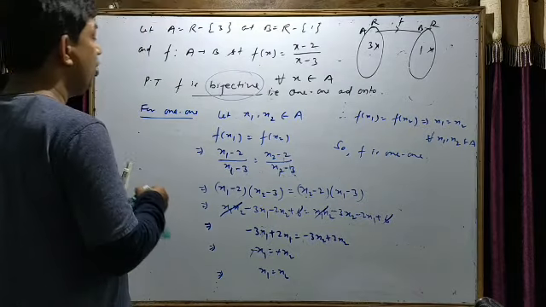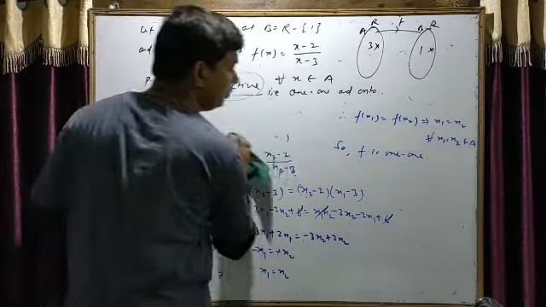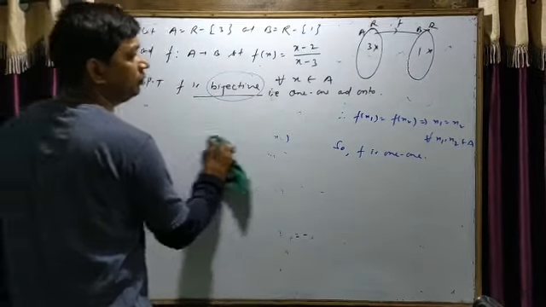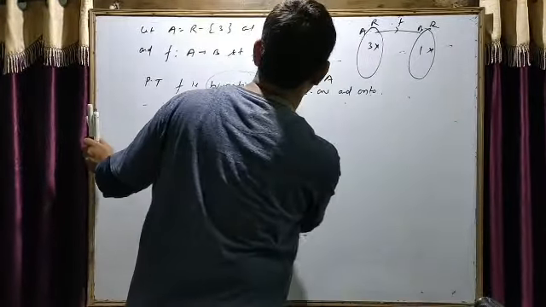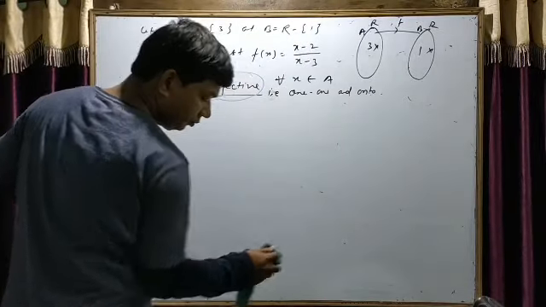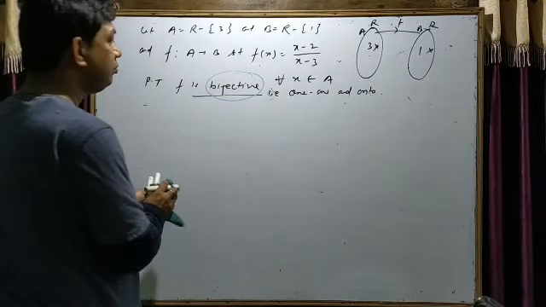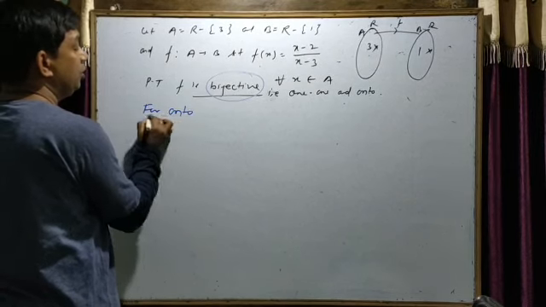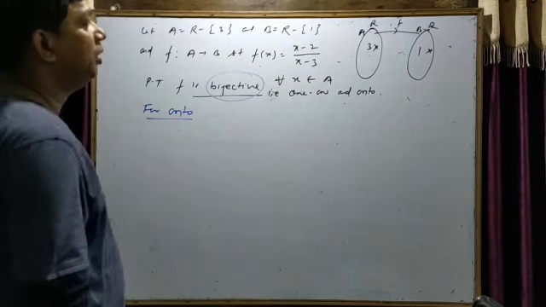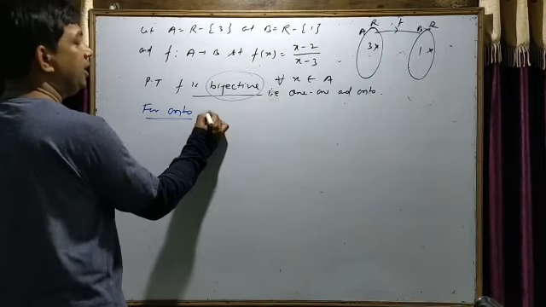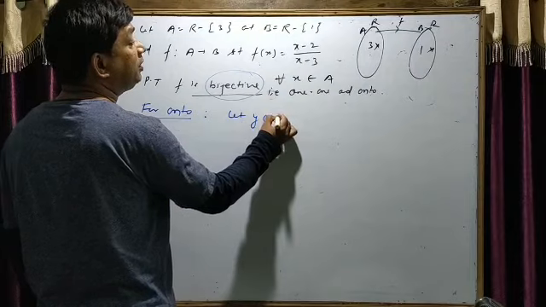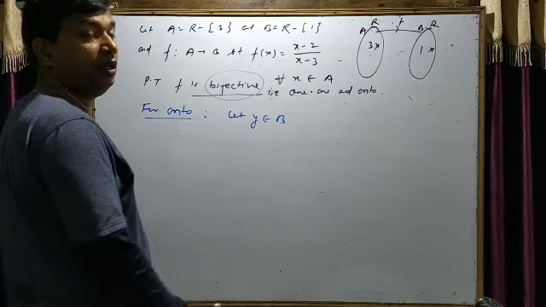Now we have to check whether it is onto or not. For onto, what do we do? We take an arbitrary element, let y belong to set B, the second set.